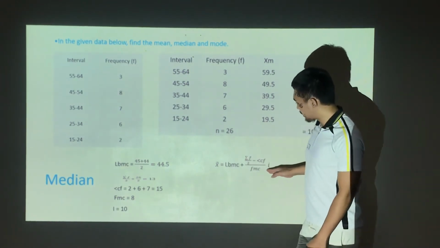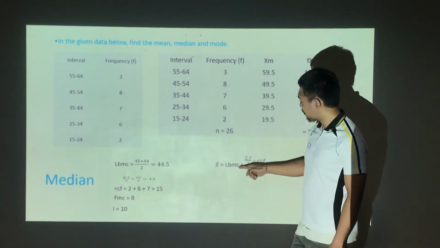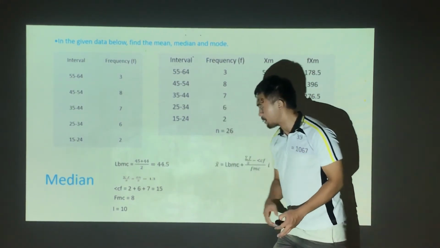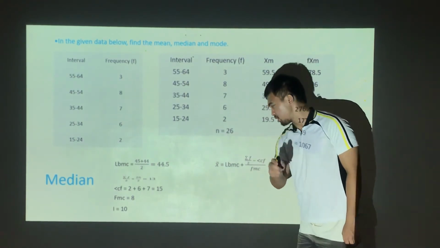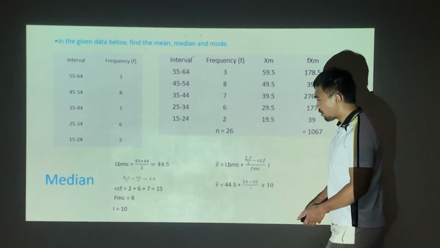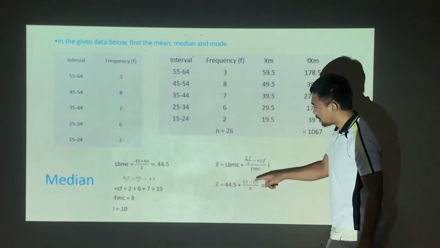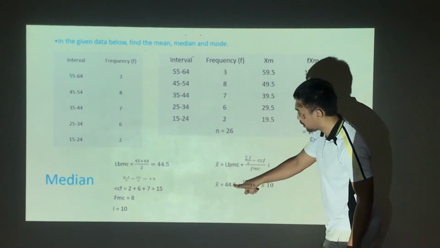So now that we have found the given data, we will be substituting it in our formula. Our lower boundary, which is 45.5, we substitute right here.